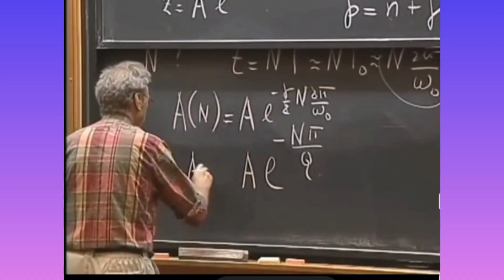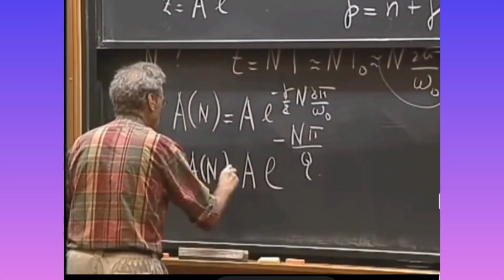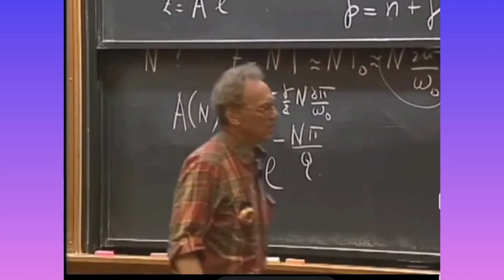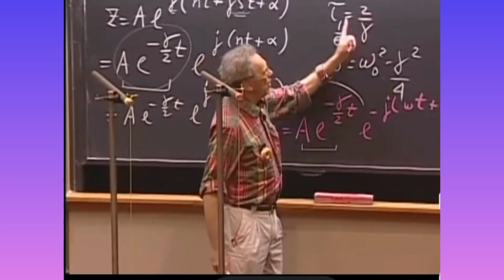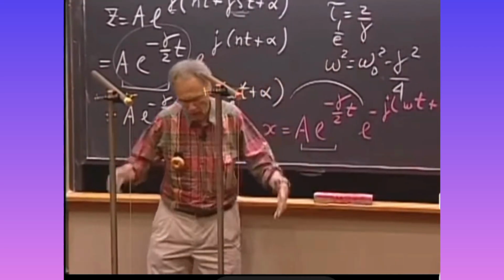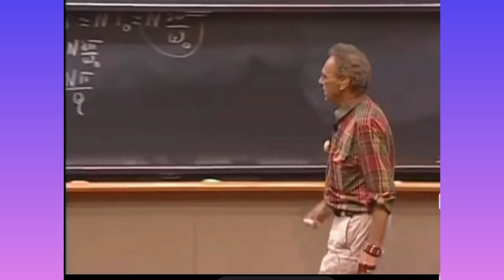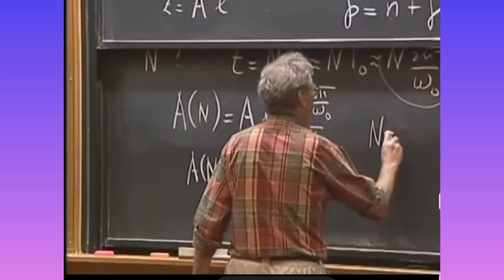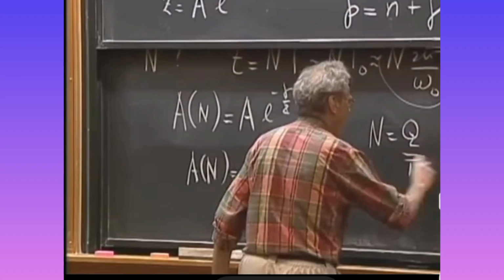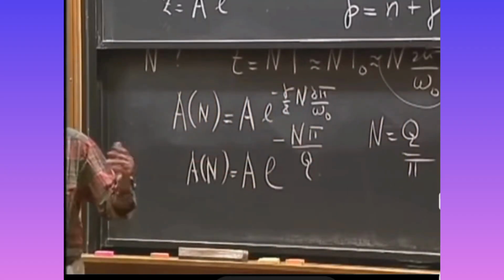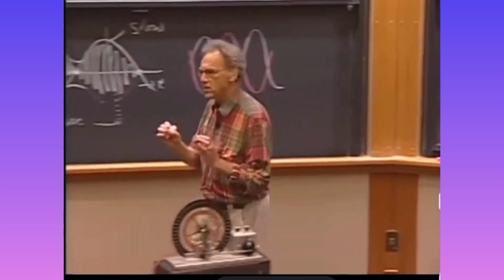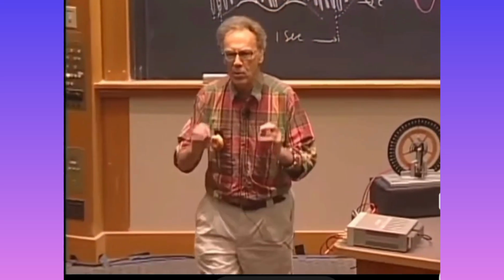Now, is this any different from what we had before? No. Here we say I have to wait 2 over gamma seconds for the amplitude to go down by a factor of e. Here we say, if n is Q divided by pi, then the amplitude goes down by 1 over e. So in one case, I ask myself, how many seconds do I have to wait?